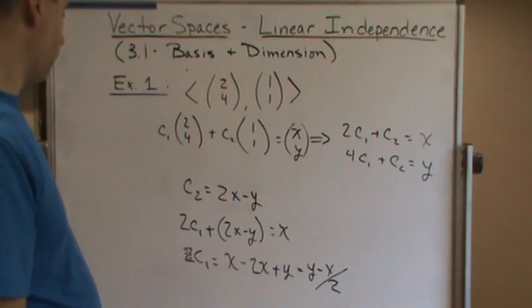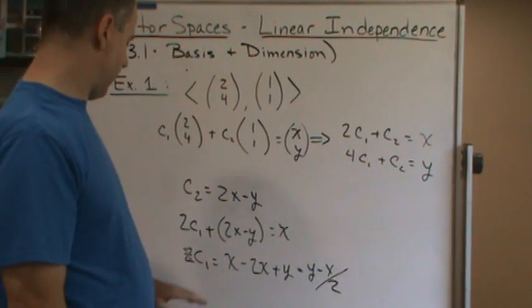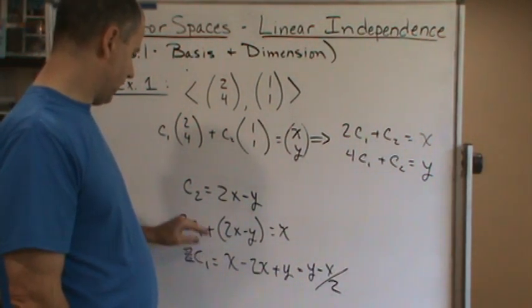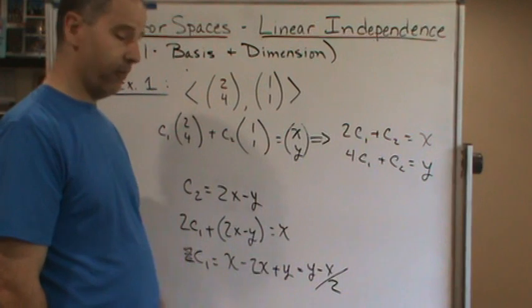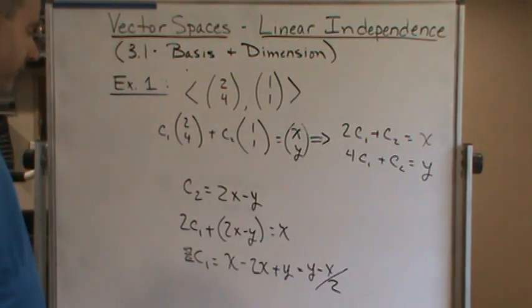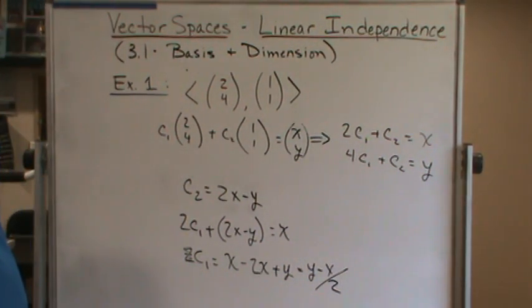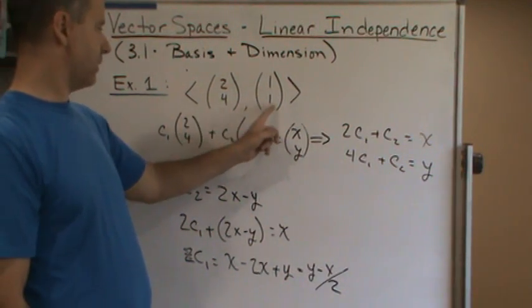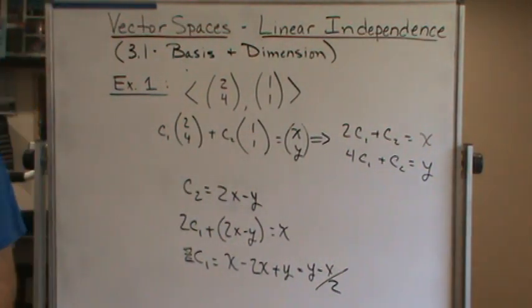So we can define C1 and C2 for any value of x and y. And so that shows us, like before, that it spans. So this sequence of vectors also spans R2. So that is a basis by definition.